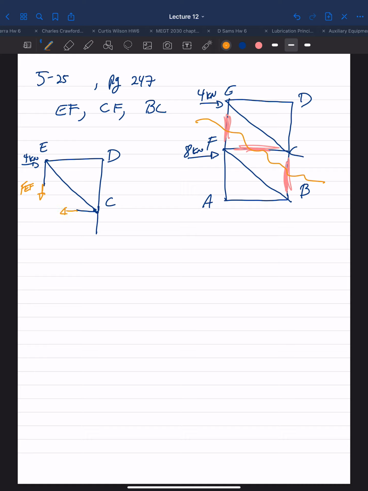Here is our FCF. And here is our FBC. This is 2 meters. And this is 1.5 meters right here.